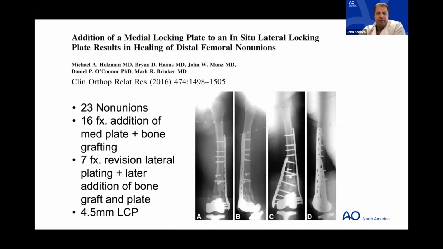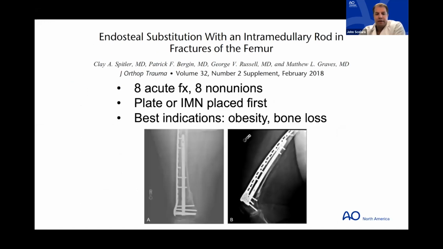Similarly, some of the earliest reports of dual plating were in non-unions, even with locked plating. So, endosteal support, placing something within the medullary canal, dual plating, putting an implant to resist that varus failure that was very commonly seen, is not a new concept.